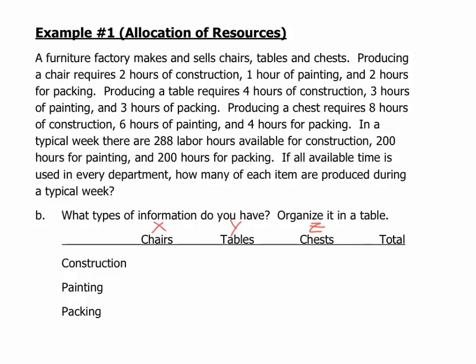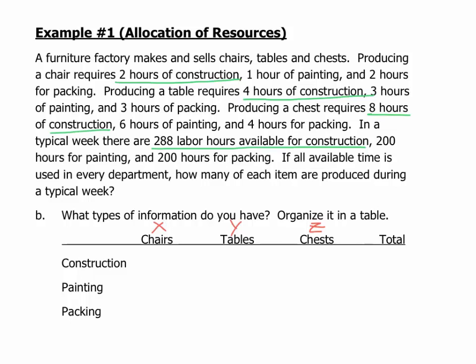Looking at the numbers we're given, we have all these numbers about construction. Each chair requires 2 hours, each table requires 4 hours, each chest requires 8 hours. We also have the total number of labor hours for construction, which is 288.